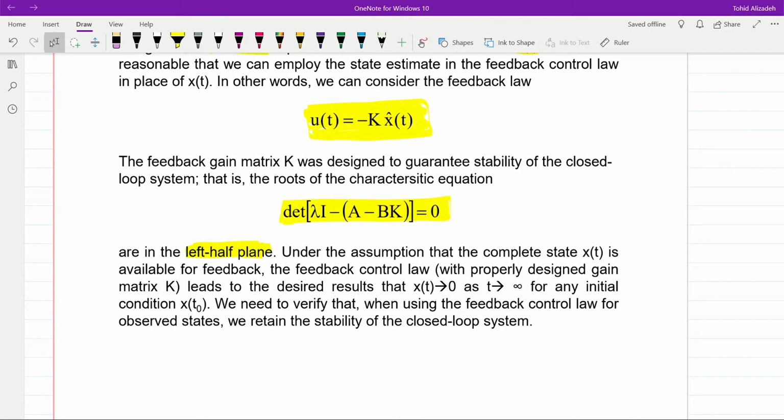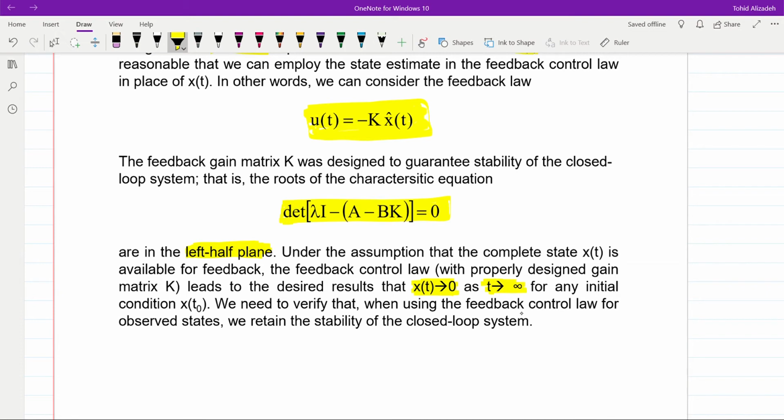Under the assumptions that we made, that the complete state x is available for feedback, the feedback control law with properly designed gain matrix K leads to desired results, that x goes towards 0 as t goes towards infinity for any initial condition x at t0.